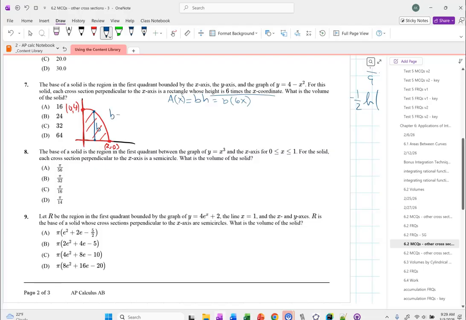And the base here is just going to be that, right? It's the y value, the height of that thing. So my volume should be the integral from 0 to 2 of base times height. Does that feel okay? Yeah, I was just confused with how you get the base and the height.